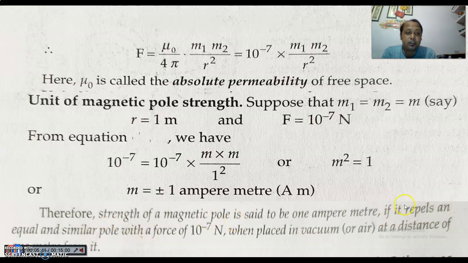Since we are writing here repels, it will be an equal and similar pole, because both the pole strengths we have considered as m, with a force of 10 raised to the power minus 7 Newton when placed in vacuum or air at a distance of 1 meter between them. So I hope this is very clear to you. This is the definition of 1 ampere meter, which is the pole strength.